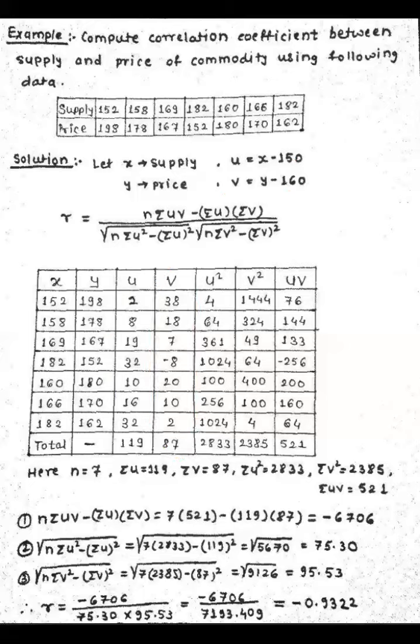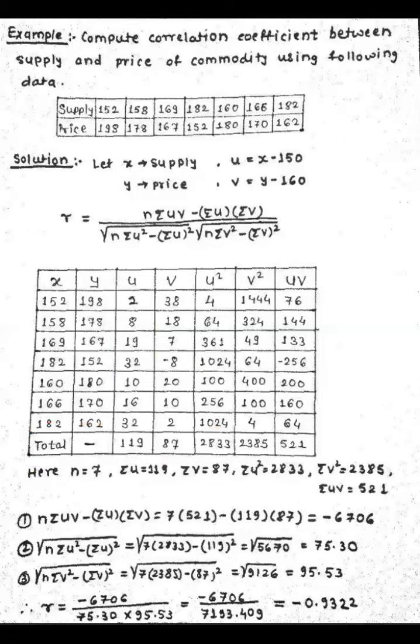And always you have to prepare three columns to calculate the correlation in any example: the first two columns for squares and the third column for the product. Now, students, the last row is prepared for the summation, that is the total. So we require the summation of all these columns.